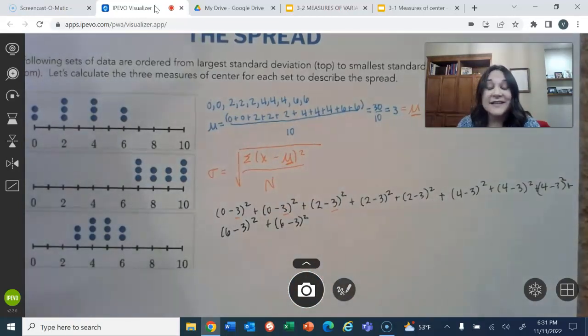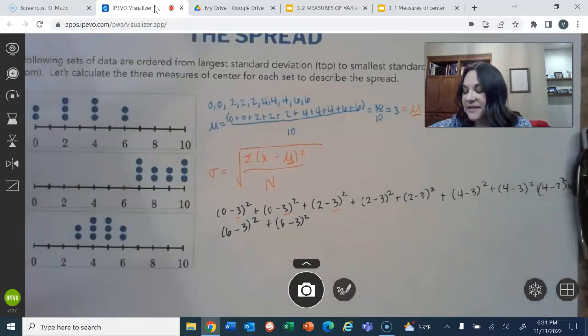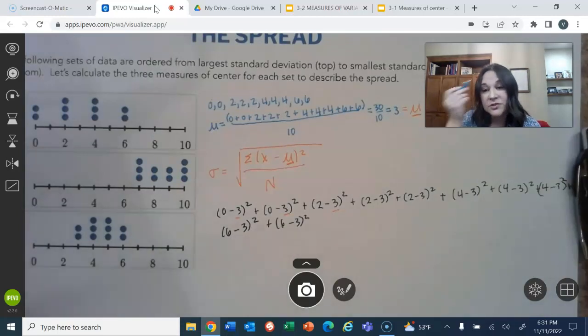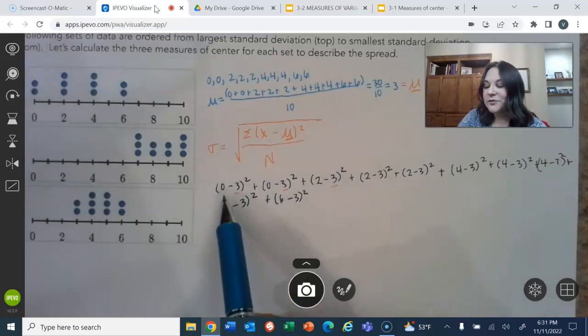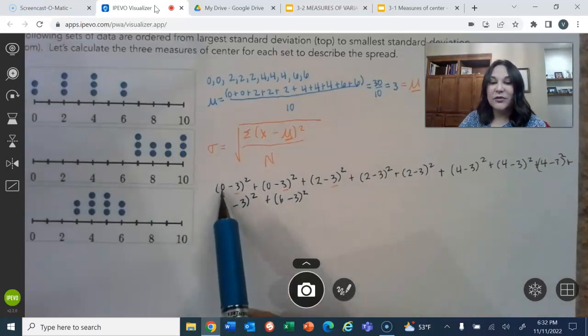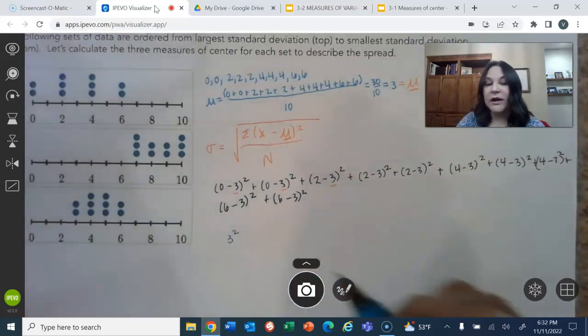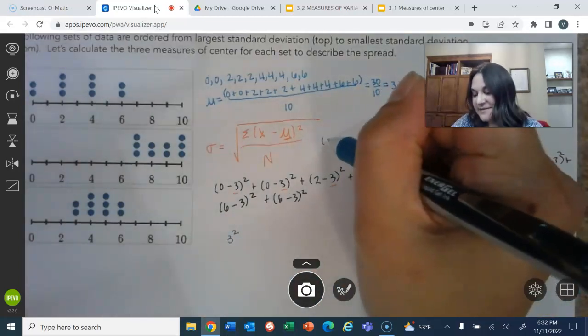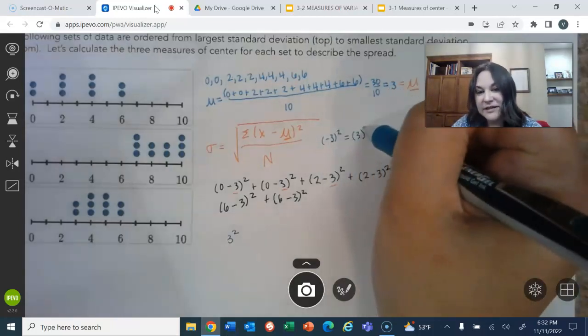Again, putting this in the calculator is doable, but all these parentheses, that's insanity. I'm going to lose track. I'm going to hit the wrong button. And so once again, you're going to see me subtract with my good old brain. And what you're also going to see me do is, even though this is 0 minus 3, I am just going to write 3 squared, because negative 3 squared is the same as positive 3 squared.